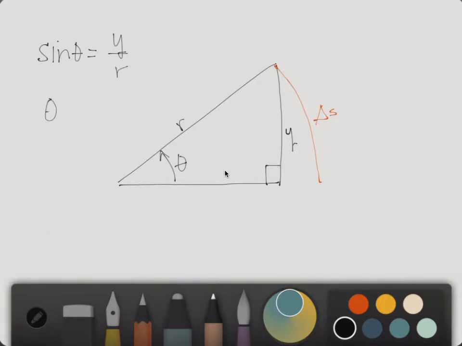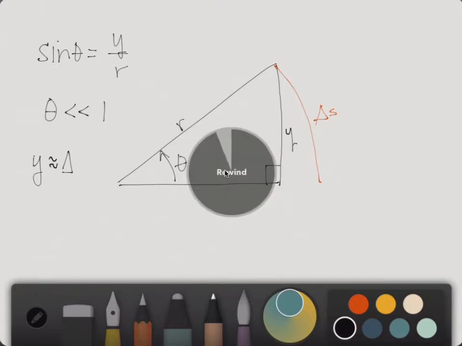Now, for theta being much smaller than 1, and I'm putting those two less than signs there to indicate that it's much smaller, as opposed to just less than. Okay, so it's much smaller, or very near 0. Then we can make this assumption: Y is going to be almost equal to delta S. And I would rather say, in the limit, they will be equal.